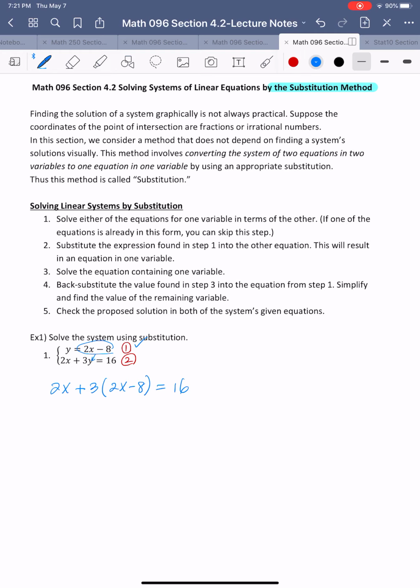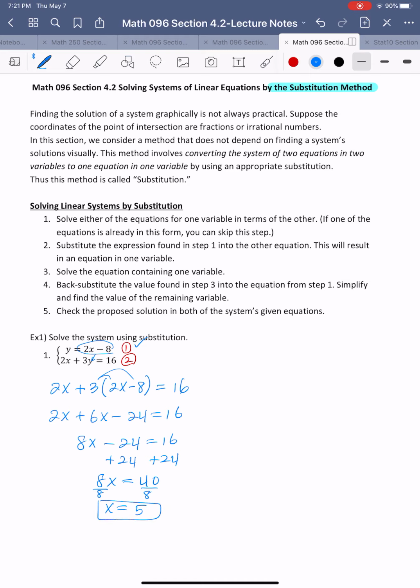It's from equation 2, but instead of the y, you can use 2x minus 8, because 2x minus 8 is the same as y. These are equivalent. And now you have one equation, so you can solve for x. Multiply by 3 inside, get 6x minus 24. Then 8x minus 24 equals 16. Add 24 to both sides: 8x equals 40. Divide by 8, and I have x equals 5.